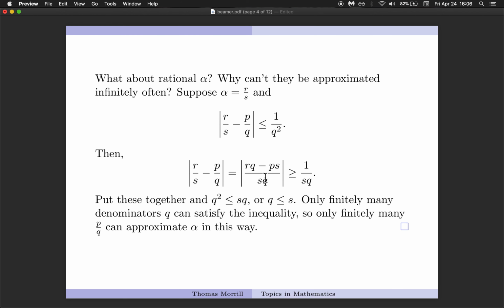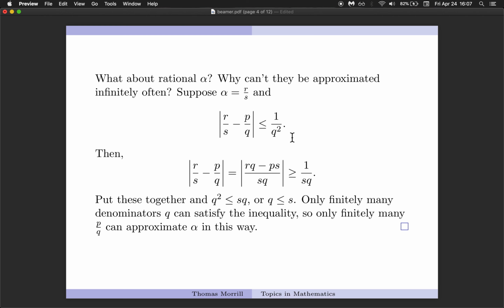So my numerator has to be at least 1, because it has to be an integer, and I'm taking absolute values. So this difference, r on s, take p on q, has got to be greater than or equal to 1 divided by sq.